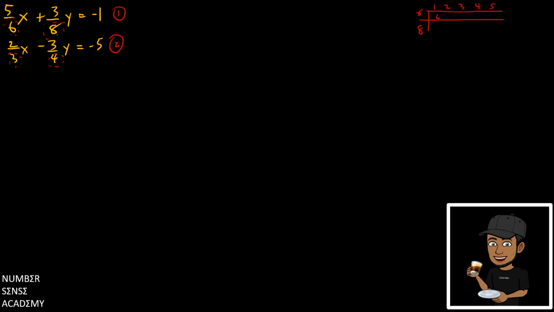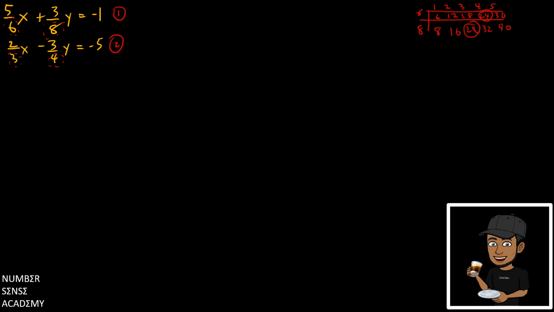So 6 times 1 is 6, 12, 18, 24, 30. Then I have 8 times 1 is 8, then 16, then 24, 32, 40. All right, and lo and behold, I see I have a 24 here, and I apologize if you can't see it really well, and a 24 here. So I multiplied 6 by 4 to get 24, and I multiplied 8 by 3 to get 24. Actually, that's irrelevant. I just need to know what number works for both. I don't need the multiple. I just need the lowest common multiple.